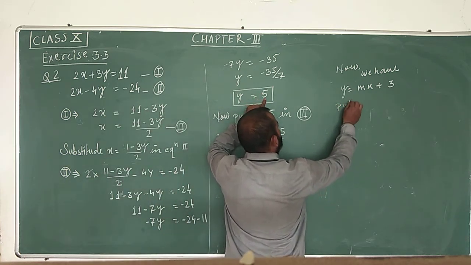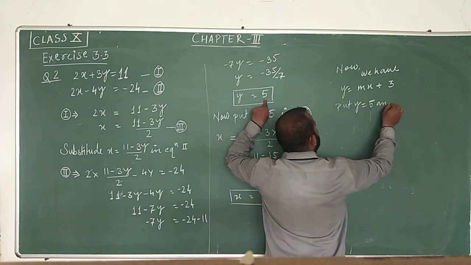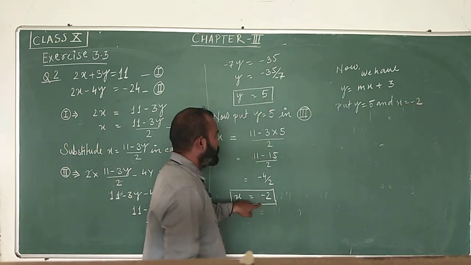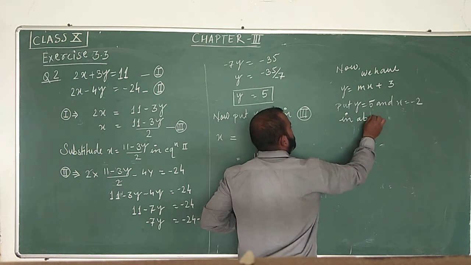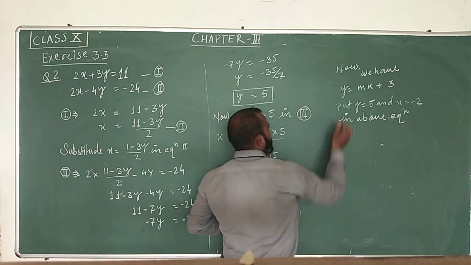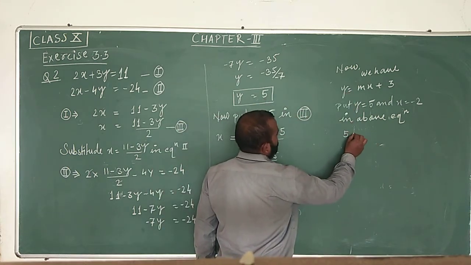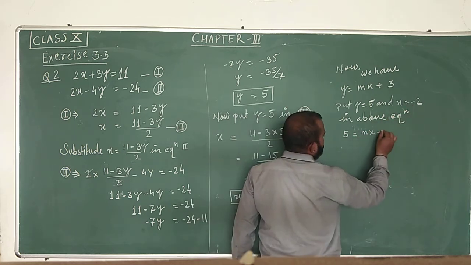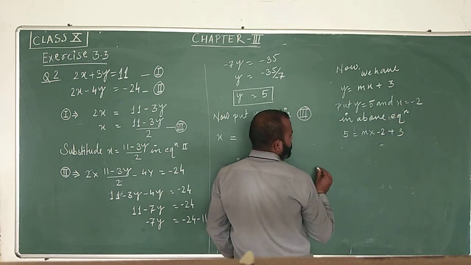Put y equals 5 and x equals -2 in the above equation. So what we will get? 5 equals m into x, which is -2, plus 3.